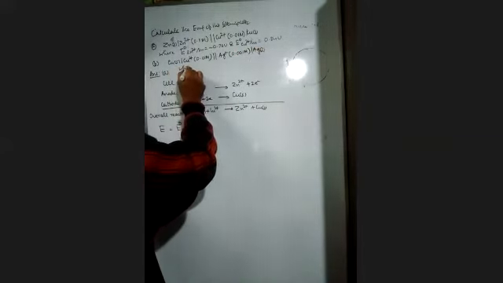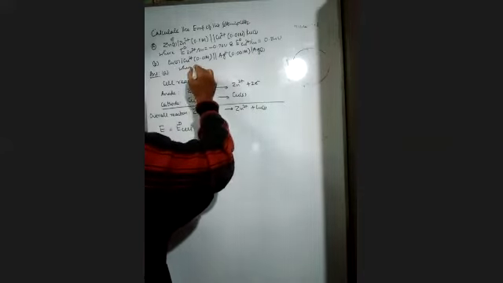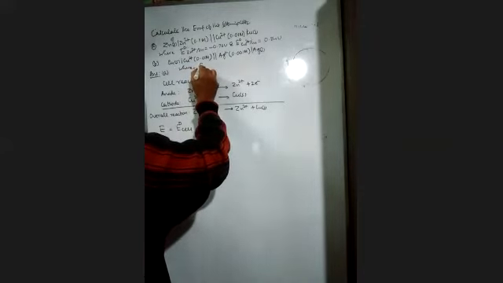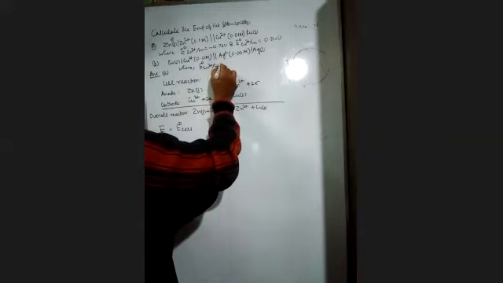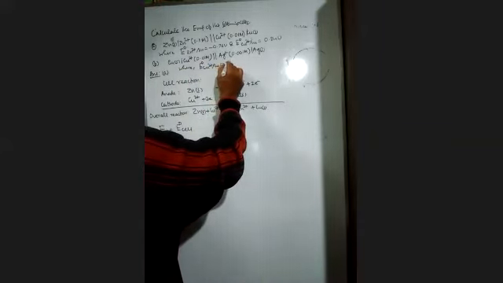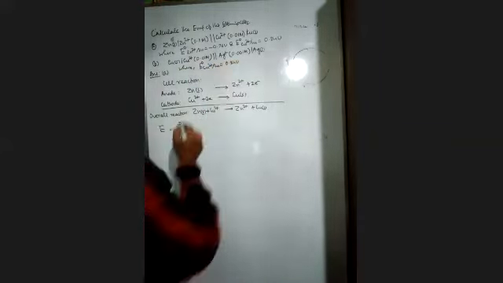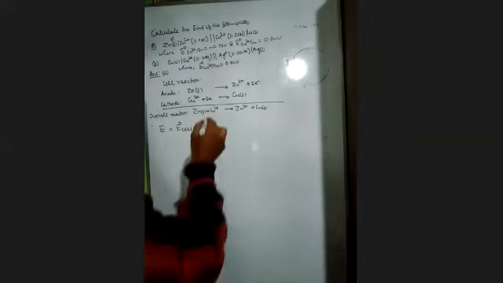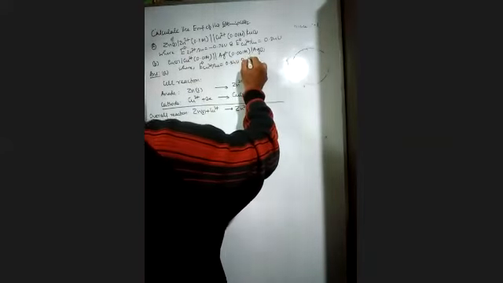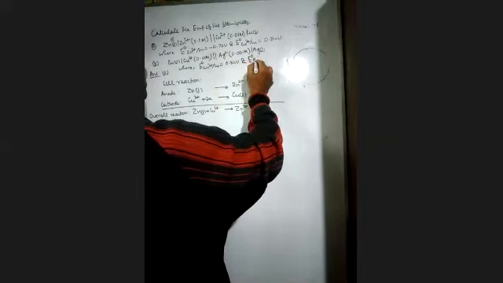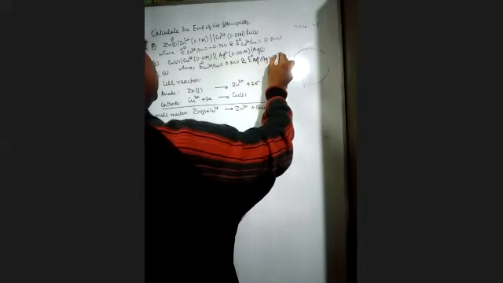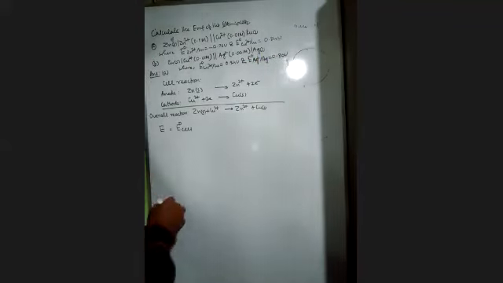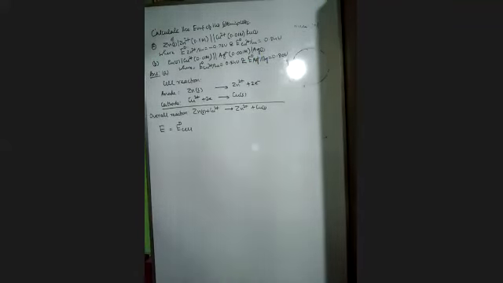Here E0 Cu2+/Cu is equal to 0.34 volt and E0 Ag+/Ag is equal to 0.80 volt. Very sorry, I forgot to write. Okay, you're right. Then after that, I'll do.